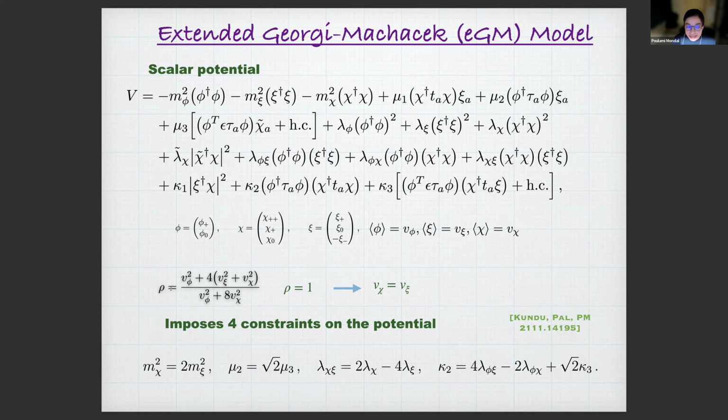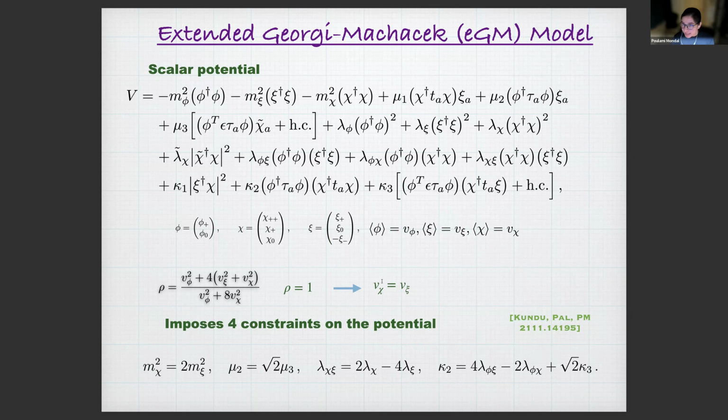Now, if you write down the rho parameter in terms of Vξ, Vχ, and V5, as I already showed, you can see that for rho equal to 1, we need Vχ equal to Vξ. So we minimized this potential and put Vχ and Vξ into the minimization equations. By doing that, we get 4 constraints on the scalar potential. Imposing these constraints secures Vχ equal to Vξ, as well as the custodial symmetry at the tree level.